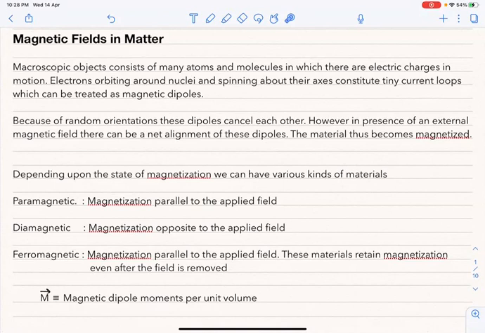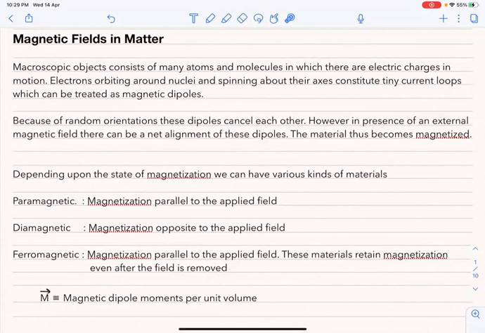These electrons not only orbit around the nuclei, they also have something known as spin associated with them. So these spinning or orbiting electrons constitute tiny current loops. That's very important. Because these are charges, either spinning or orbiting around the nucleus, you can think of them as a current loop.